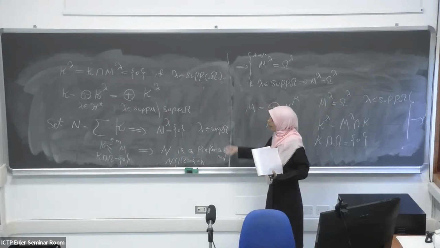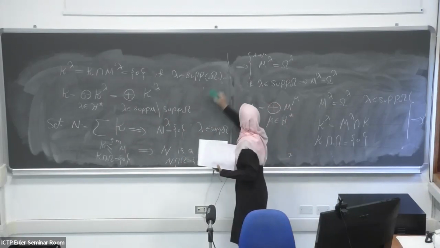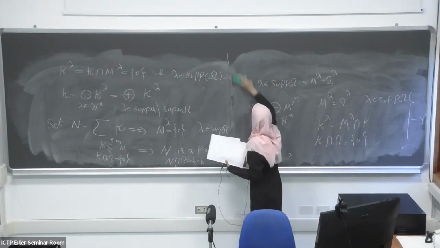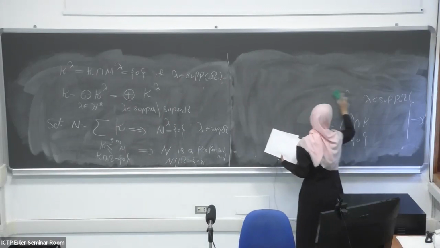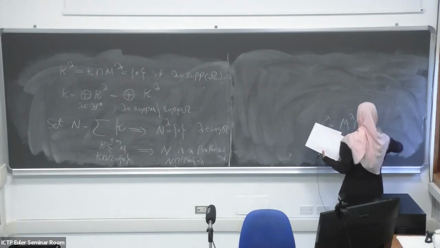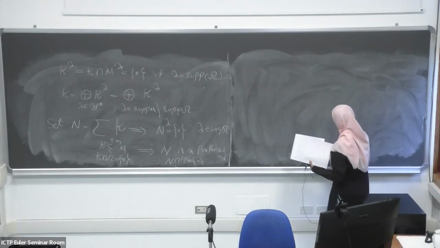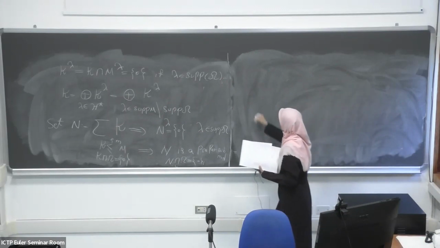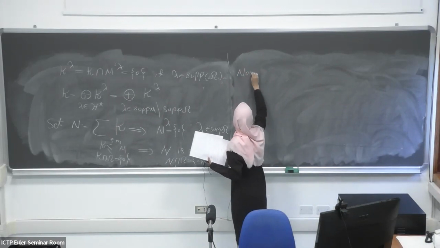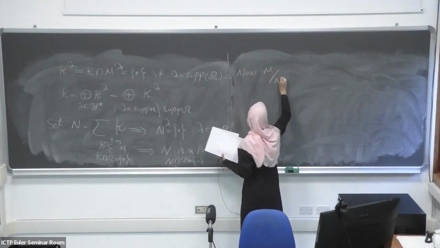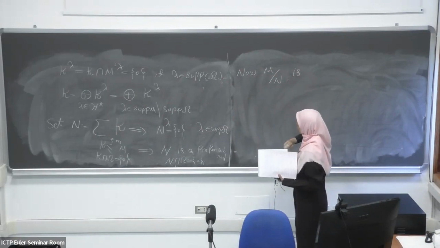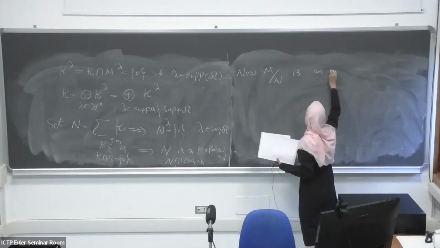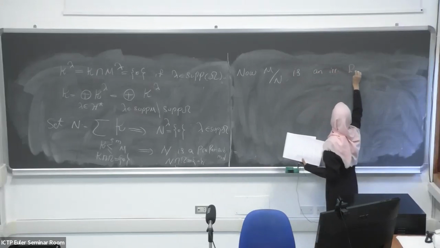So I can make the quotient, and as N is maximal, the quotient is irreducible. Now, M over N is an irreducible L module.